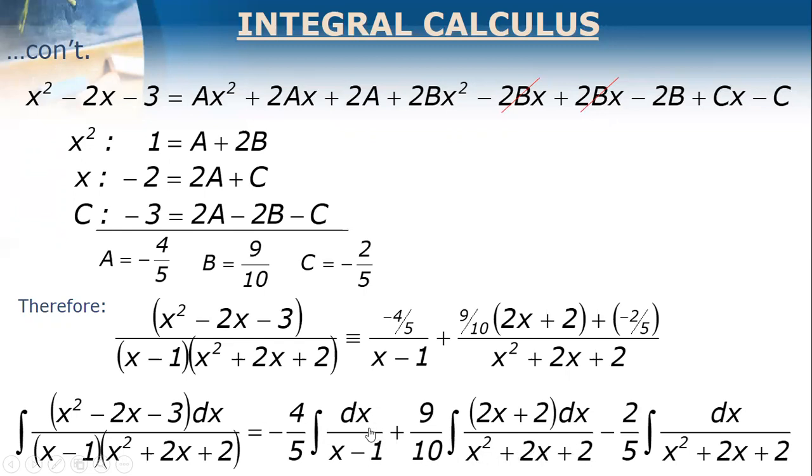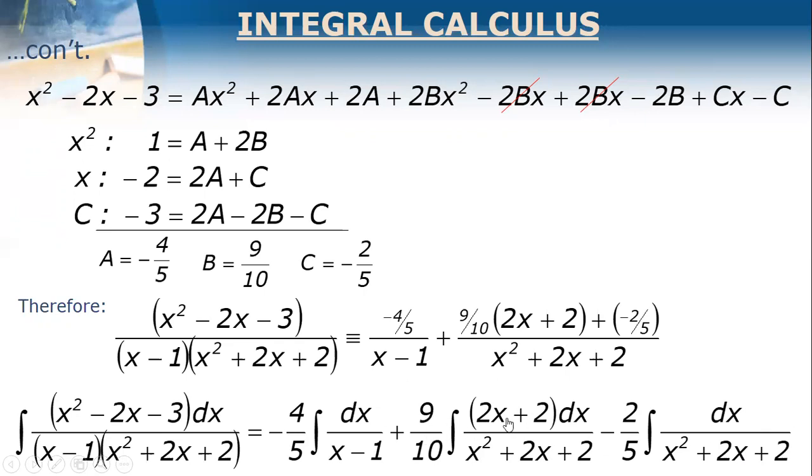In the first term, it's ln of x minus 1. In the third term, this will result in arctan. We'll modify it into x squared plus 2x plus 1, in parentheses, plus 1.